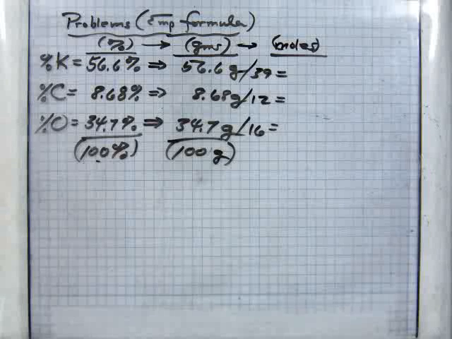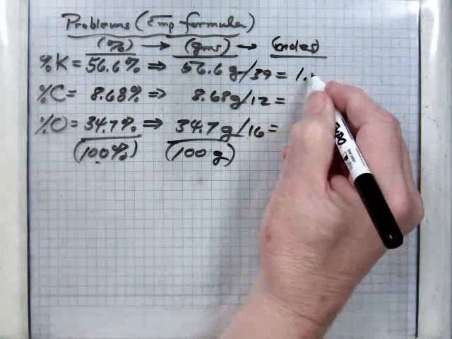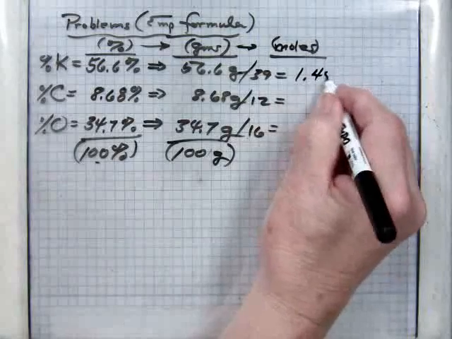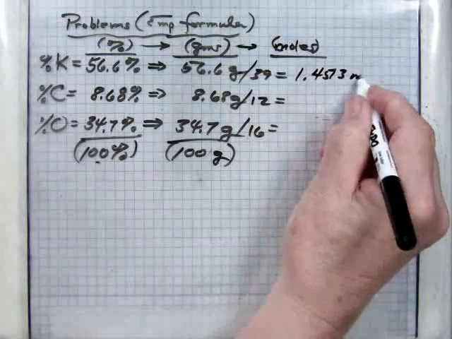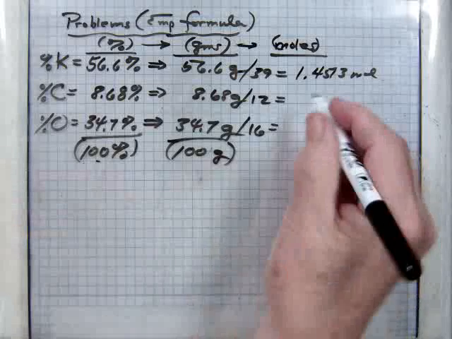56.6 divided by 39 is 1.45. I suggest carrying out 3 or 4 decimals at this point. 1.45123. 8.68 divided by 12 is 0.7233.